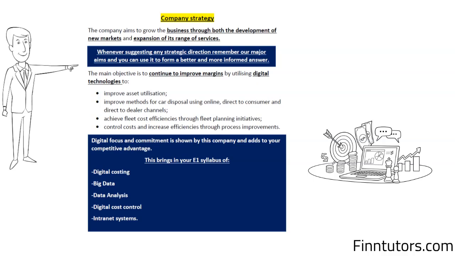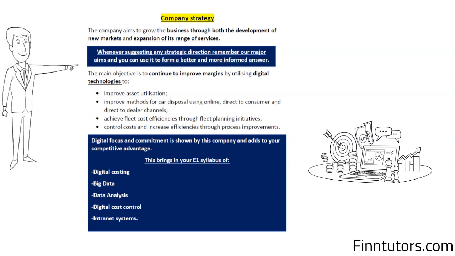So, whenever you are suggesting any strategic direction, in terms of expansion, keep in mind that these are our major aims. Keep this in mind that your company is looking for new markets, your company is looking for new services. How can you offer it? Keep this in mind.